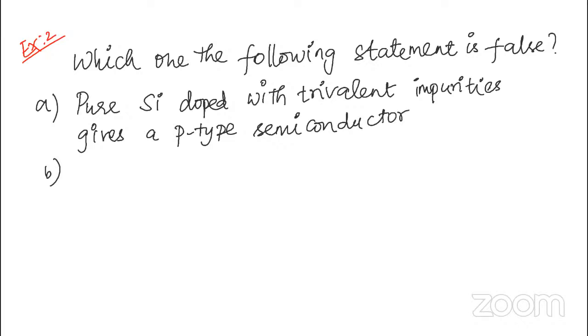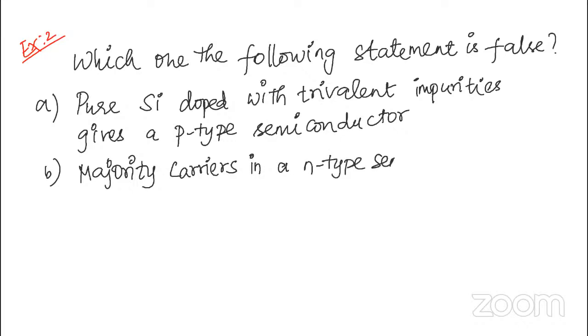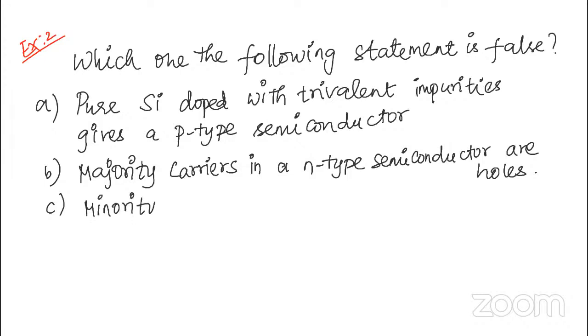B: the majority carriers in an N-type semiconductor are holes. C: the minority carriers in a P-type semiconductor are electrons.